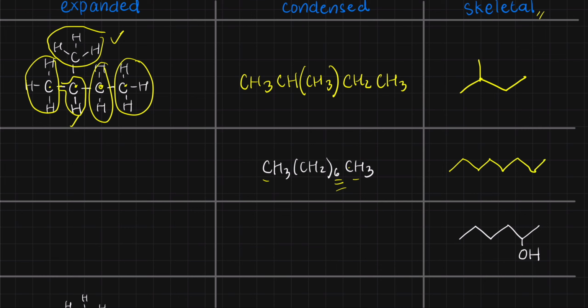Okay? But of course, if I'm going to expand that, it's going to be a bit of a hassle. But we're going to have to do that: 1, 2, 3, 4, 5, 6, 7, 8, and then just make sure you complete the hydrogens. This should be CH3 because I need 4 bonds for this carbon as well as this one. And then every carbon in the middle has 2 bonds already, so I just need to supply 2 more to become 4, right?